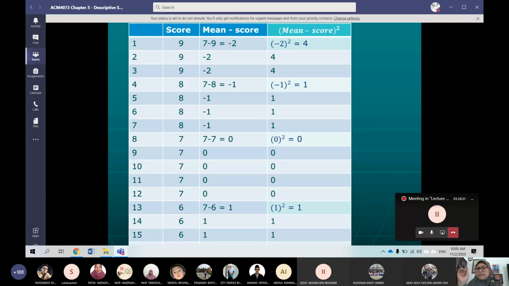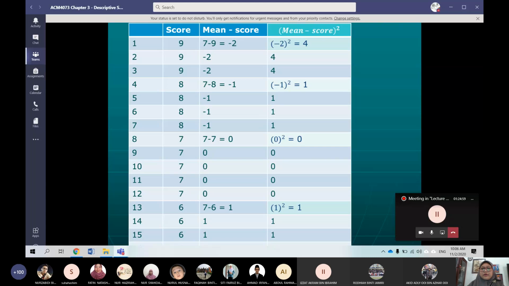Someone please switch off the mic so we can hear this slide clearly. Okay, for 9 it is -2. 7 take away 8 is -1. 7 take away 7 is 0. 7 take away 6 is 1, and then 1, 1.